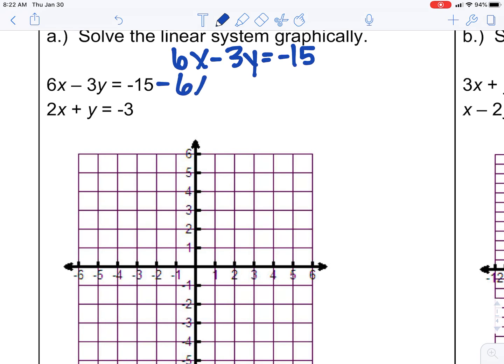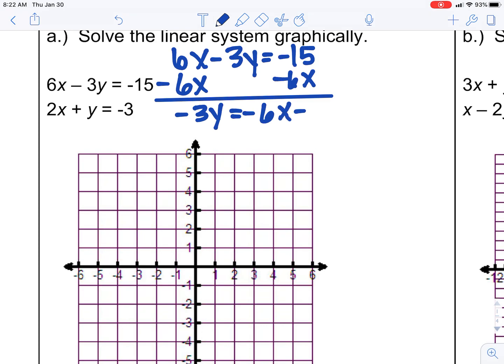When I do that, I'm going to take away 6x from both sides. And I get negative 3y equals negative 6x minus 15. I have to divide every term by the negative 3.